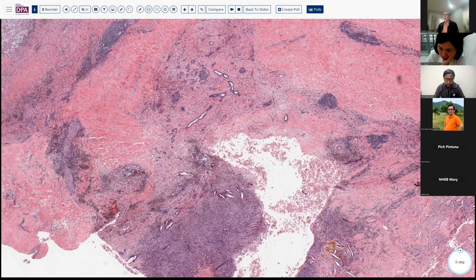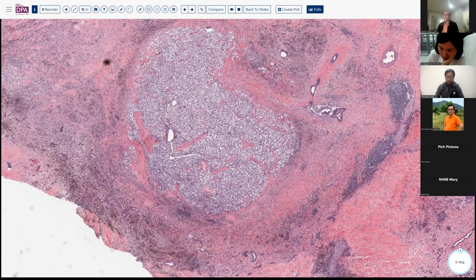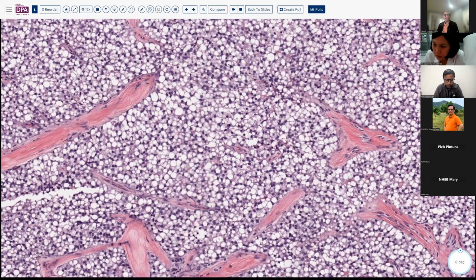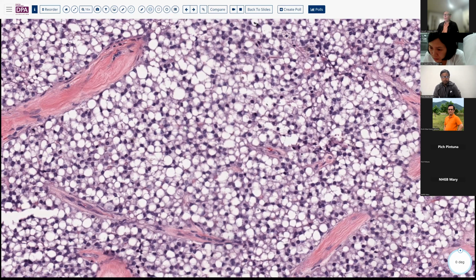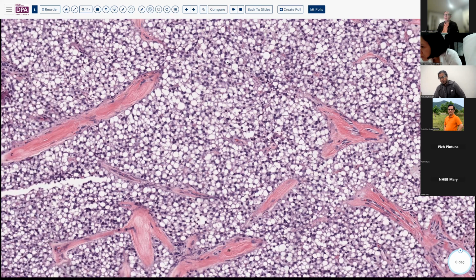Now, here's an area where we have a very remarkable kind of clear cell change without the kind of deterioration in between these fibrovascular cores. And I don't know the staining results on this, but looking at the cells, I could believe that these were either neuroendocrine or possibly solid pseudopapillary tumor cells with just this very lipidized or vacuolated appearance.